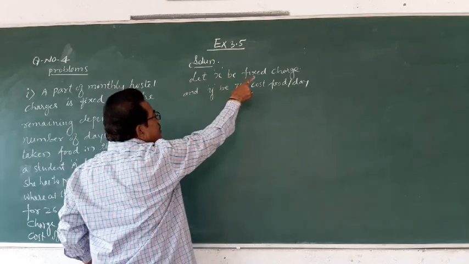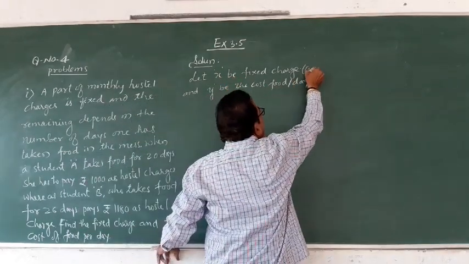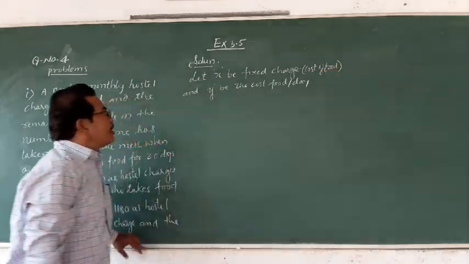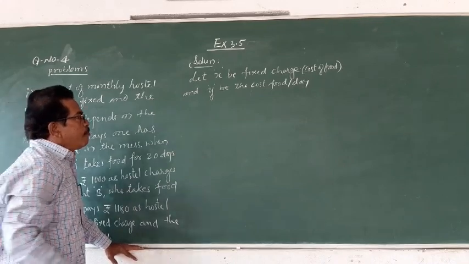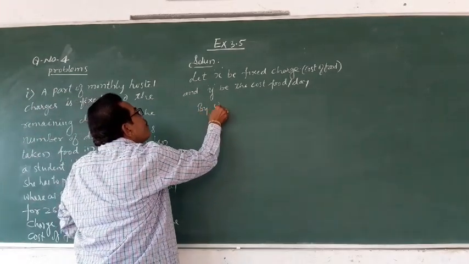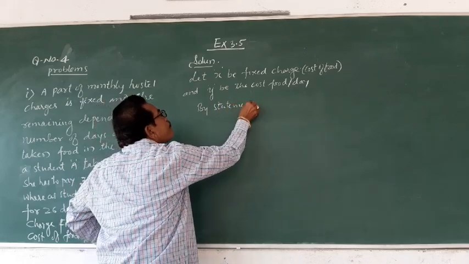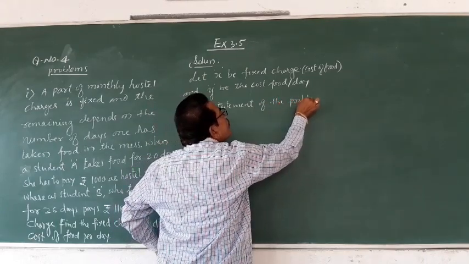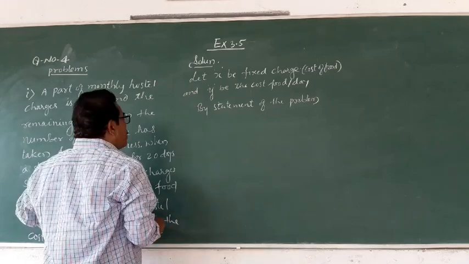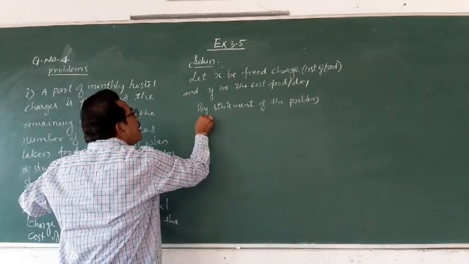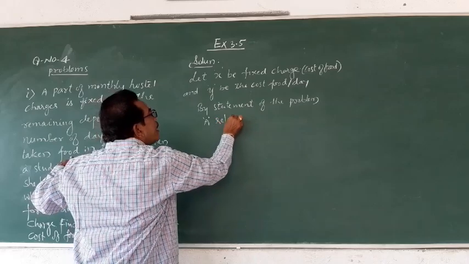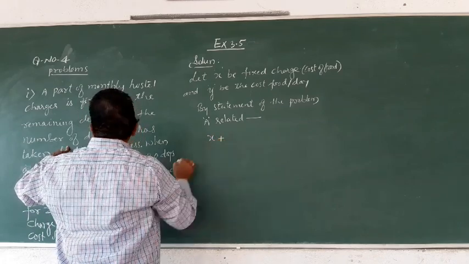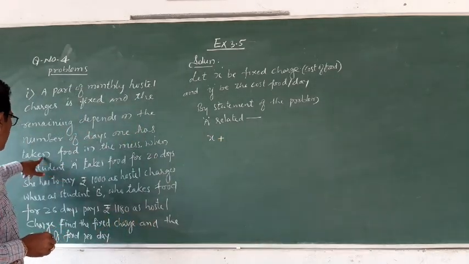This is X, the fixed charge or cost of food. Now, by the statement of the problem, A related: that is X plus how many days A has taken food in the mess.